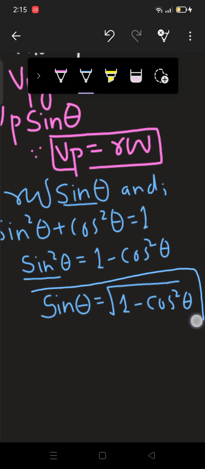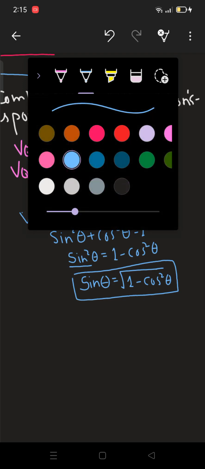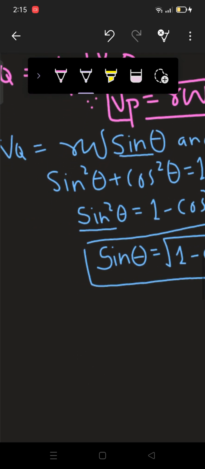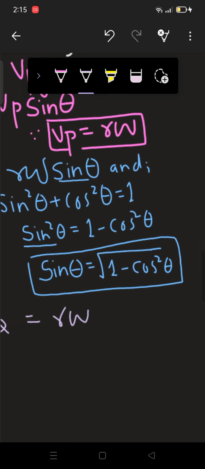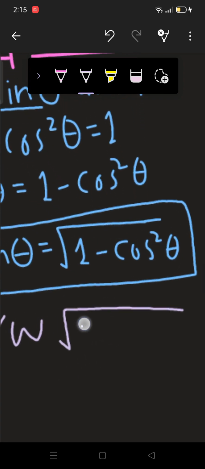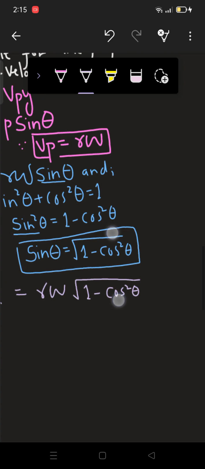Let's substitute the sine theta value in the equation. So vq is equal to r omega radical 1 minus cos square theta.